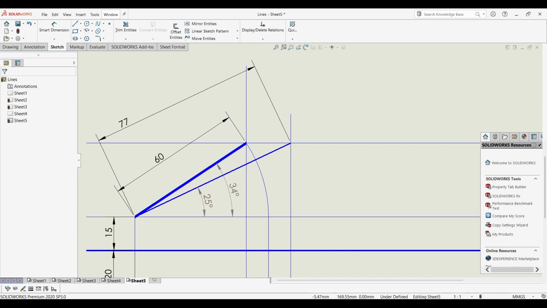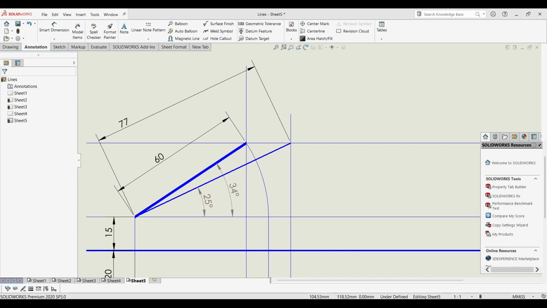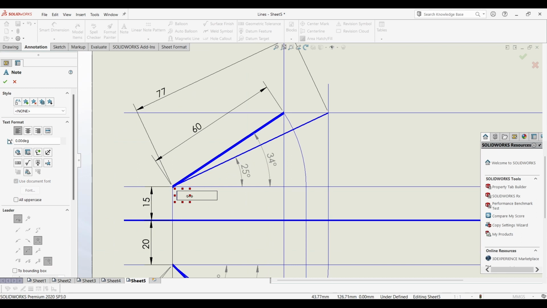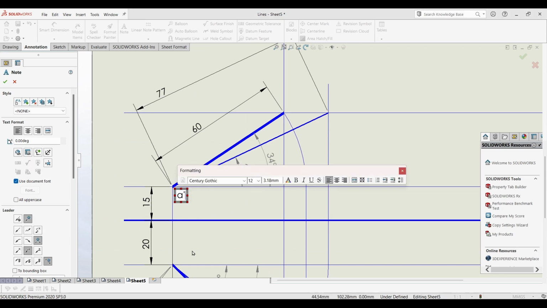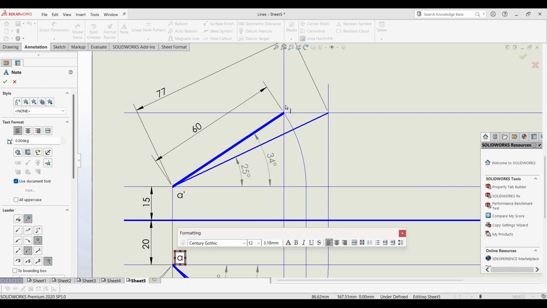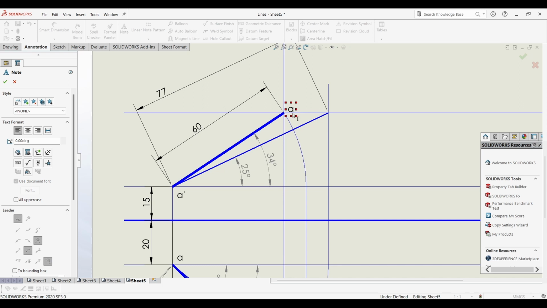Give me a moment of time. So let us annotate. This is our point A dash. Yep. And this is a point A. This is our point B dash. This is our point B1 dash.